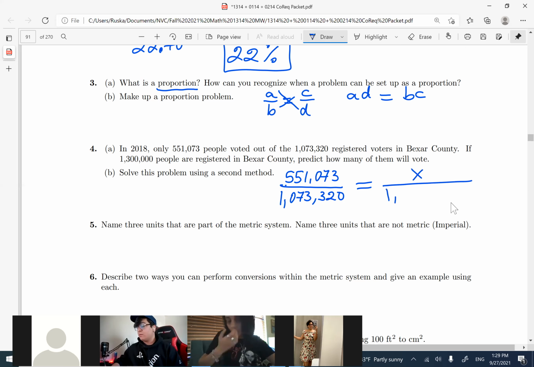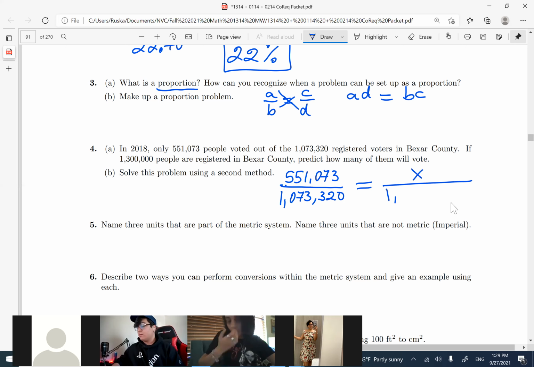Good job. That's right. So here, when you set up the proportion, you always have to keep in mind the units. So in the top, you put how many voted. In the bottom, you're going to put how many are registered to vote.